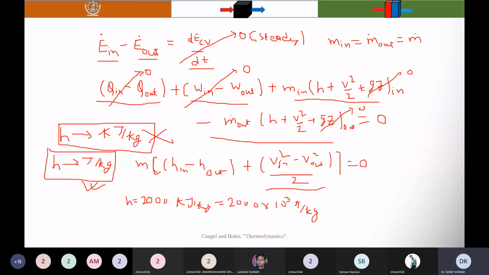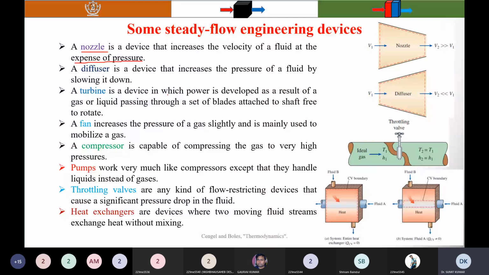Next is a turbine. A turbine is a device in which power is developed as a result of a gas or liquid passing through a set of blades attached to a shaft free to rotate. You know that a turbine is used to produce work, which comes here.